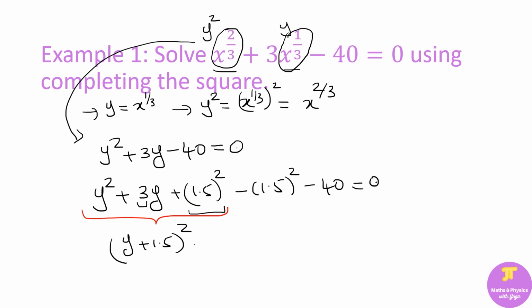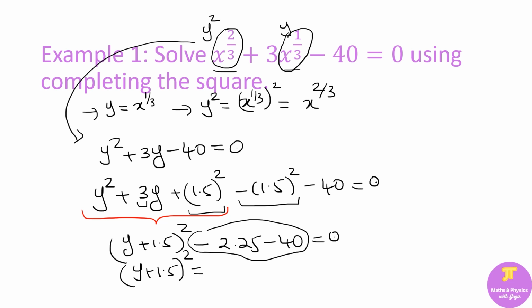So what is left now? This bit is nothing but minus 2.25 minus 40 equals 0. Let me rearrange this one. Y plus 1.5 whole thing squared, we can move this to the other side.